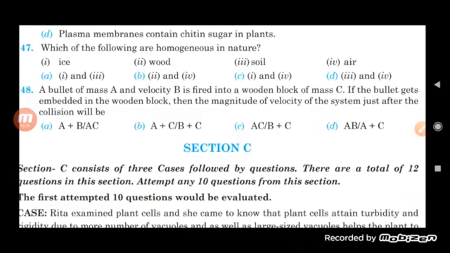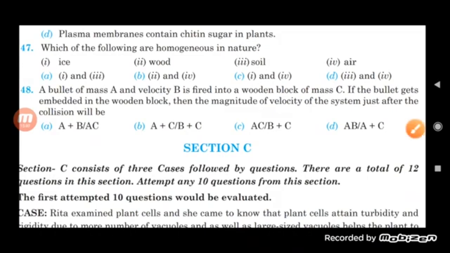Now you see here, students, we can solve this. The mass of the bullet is given, that is A, and the velocity is given, that is B. Before it collides with the wooden block, what was the total momentum? Let us see the initial momentum of the bullet and the block, and then the final momentum, after collision.